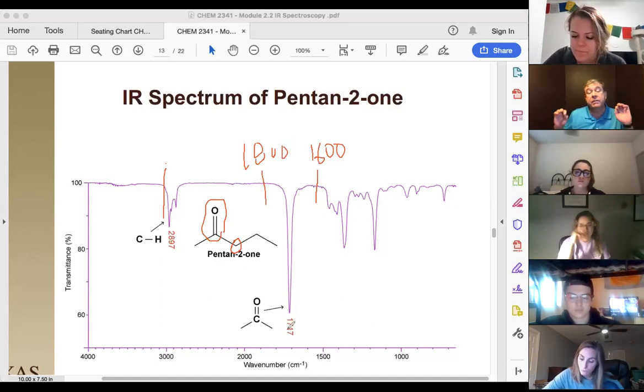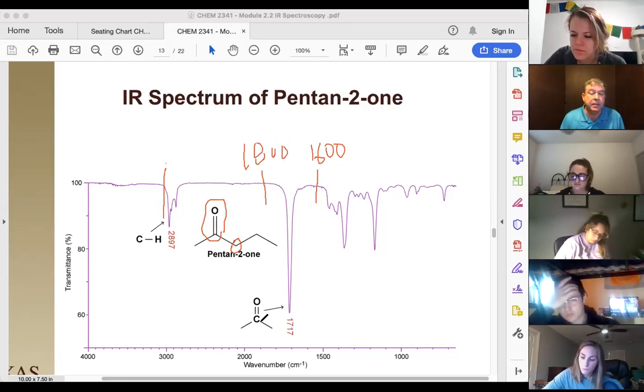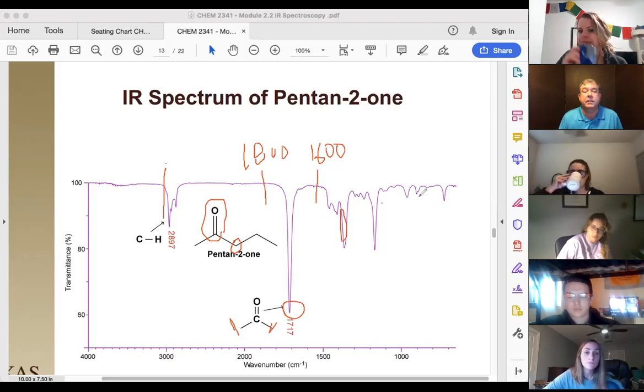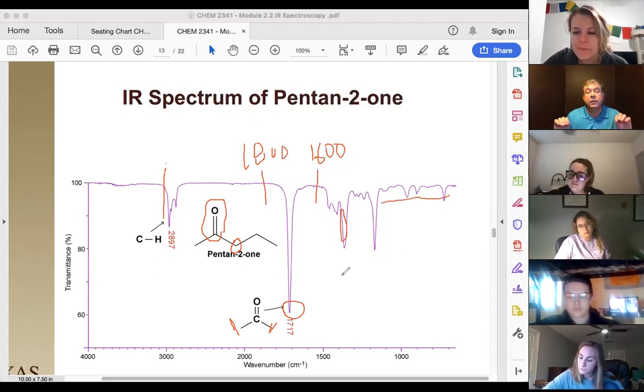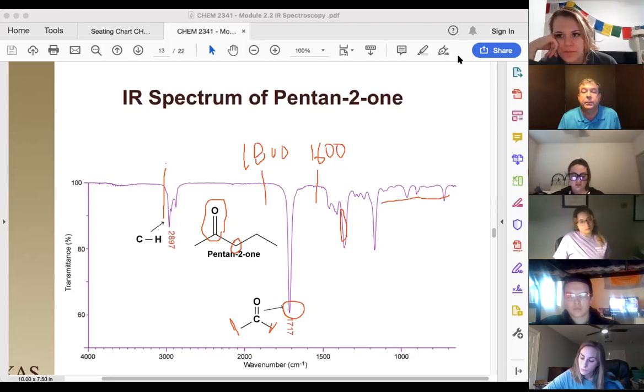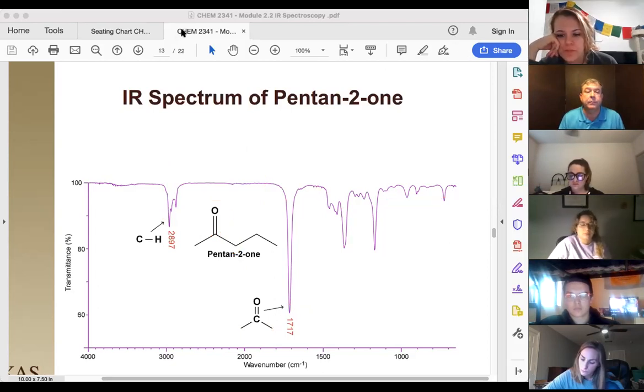In fact, carbonyls are usually very strong peaks in this range. This is a ketone and it shows up around 1700. If we attach different things here, this peak shifts up and down, and I'll explain why that happens later. So we thought, oh, I have a ketone, so I must have a peak in that 1800 to 1600 range. And in this case, we do. So we do have a ketone.